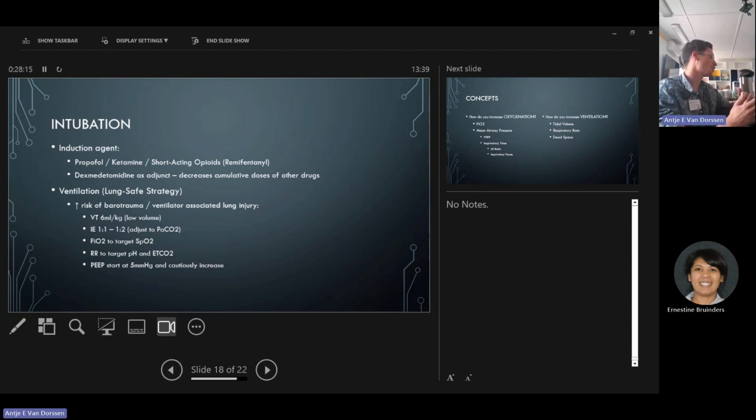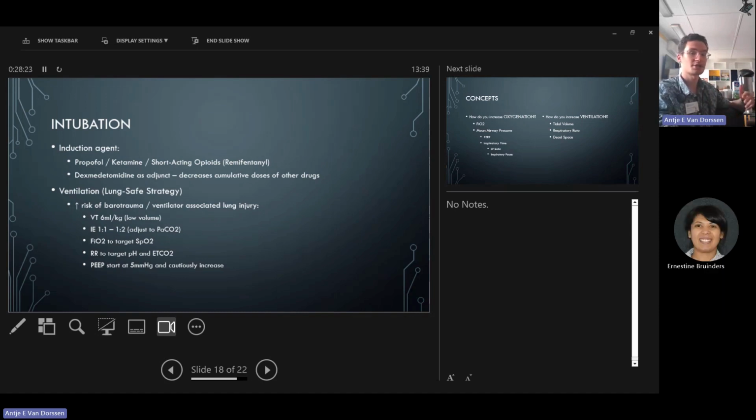If you start with a volume control mode, you'll probably get that volume and may have a risk of causing a pneumothorax. If this patient is a good ICU candidate, you can really consider getting your tidal volume in slowly, and if the pneumothorax happens, put in the drain.